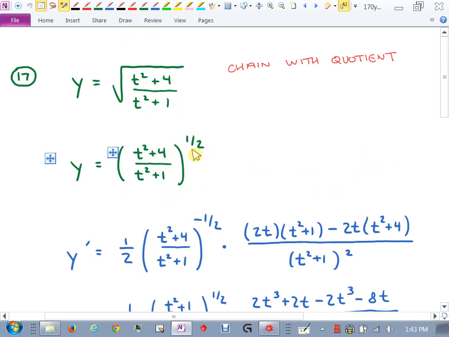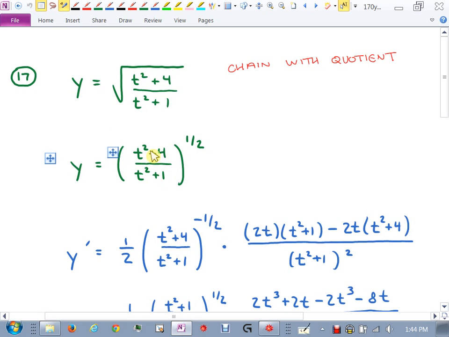I only did it because I was hoping it would help you. I was afraid it might confuse you if I did it as a root. But I also told you should be able to use either way, like be comfortable using the square root or going to the 1/2. So I first switch it to 1/2.